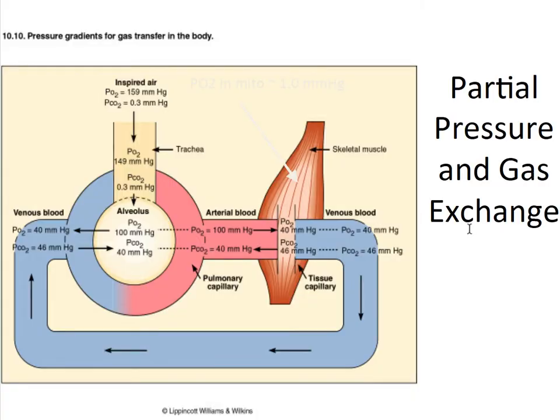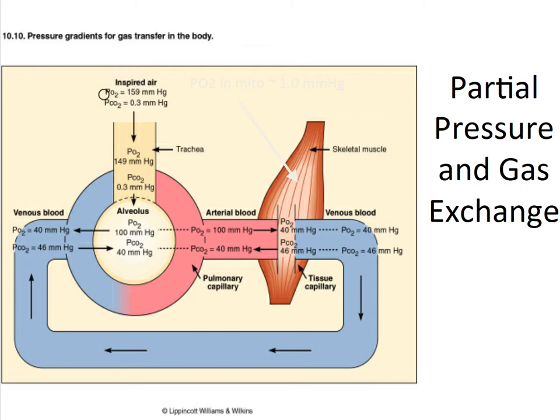And there's just a couple of numbers to remember off of this picture and picture out of our textbook. One we calculated in the previous short video, and that is at sea level, what is the partial pressure of oxygen at room air? Now that's equal to the percent of oxygen expressed as a fraction, so that's 0.2093, times the barometric pressure, which at sea level is about 760 millimeters of mercury.